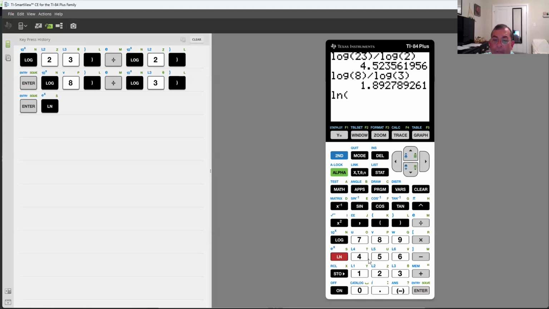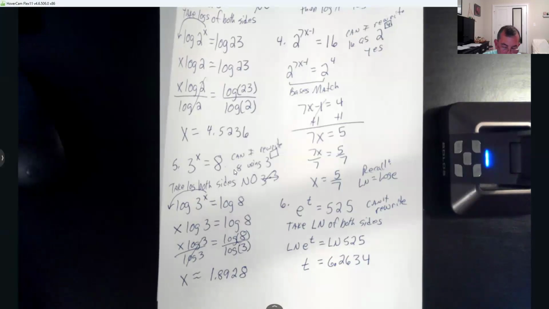Throw in 525. Hit enter. And we'll make that a 6.26. 3. And that 3 has a 9 after it, so I'll make that second 3 into a 4. Oh, y'all, so that's the trick on these.